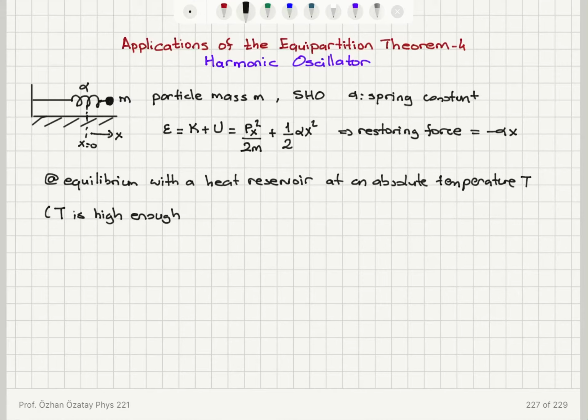So this is high enough for a classical approximation to hold.